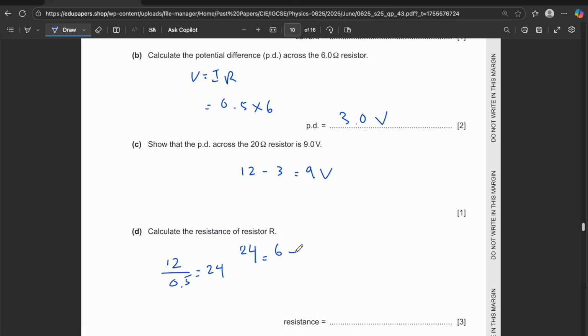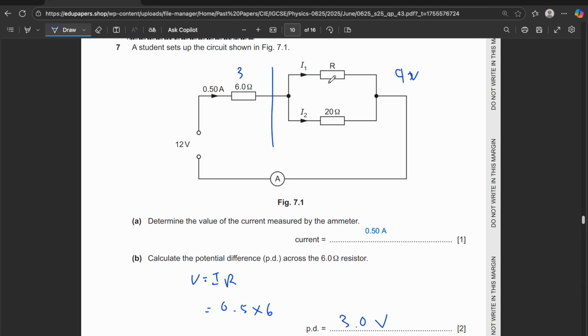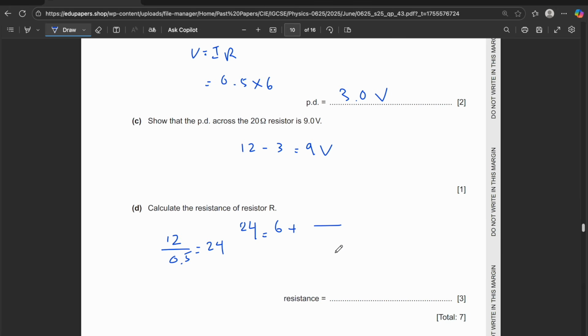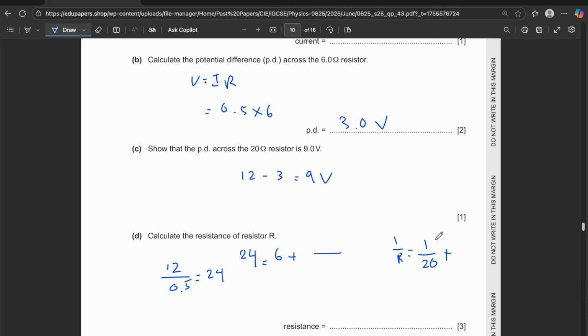The first one has 6, and then you have to find the resistance of this parallel connection. So 1 by RT is equal to 1 by 20 plus 1 by R. My RT, the resistance of the parallel part, has to equal 80.